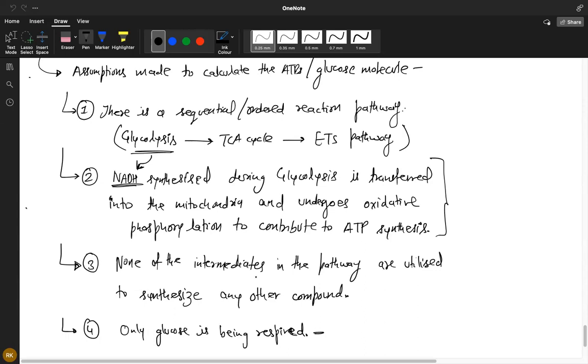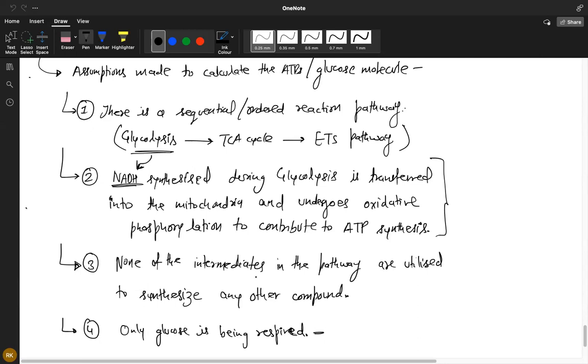But this understanding is not complete. The holistic picture of respiration is that at different stages, different substrates can enter.